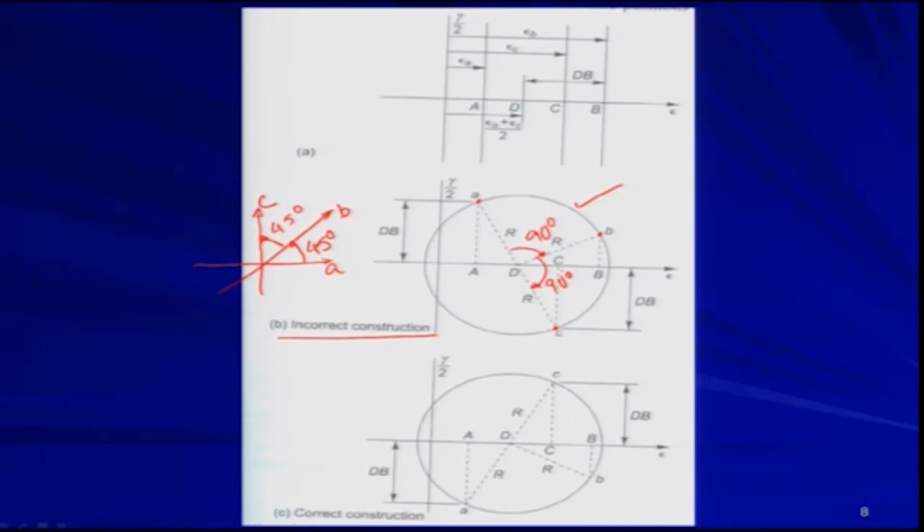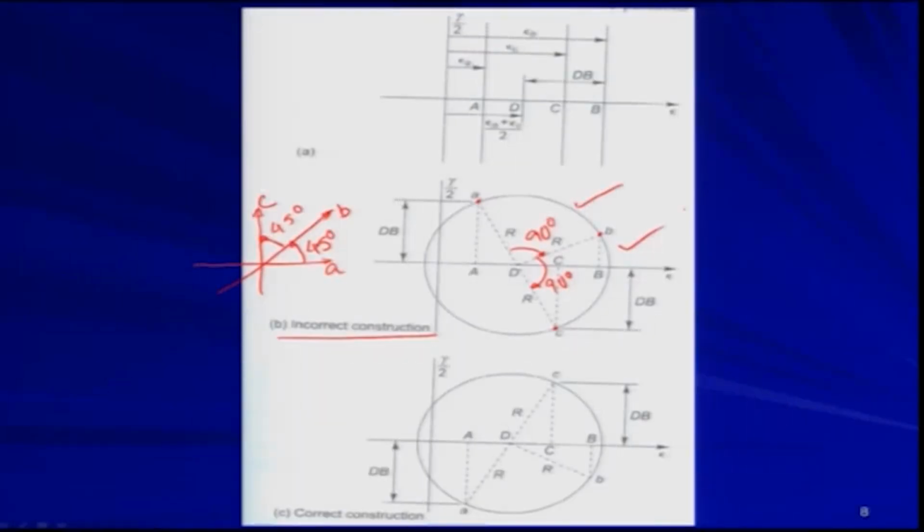So, magnitude wise it is fine, but the sense of rotation is completely reversed compared to the actual coordinate orientation. The actual orientation says the angle between A and B is of course 45°, that is okay, but from A if you rotate 45° anticlockwise, you should get B. Similarly, from B if you rotate 45° anticlockwise, you will get C, but in the Mohr circle you are getting the reverse. Therefore, this construction is incorrect.